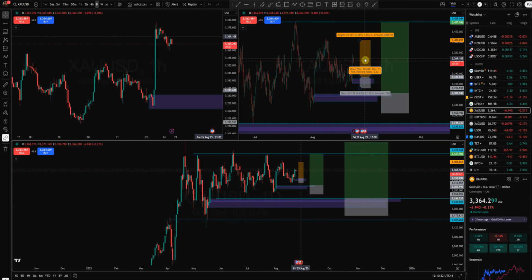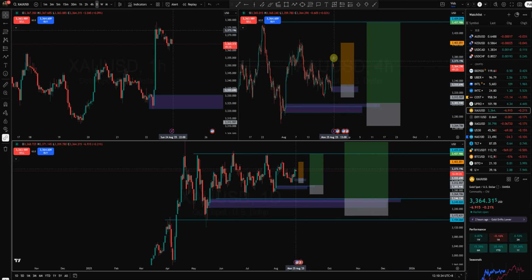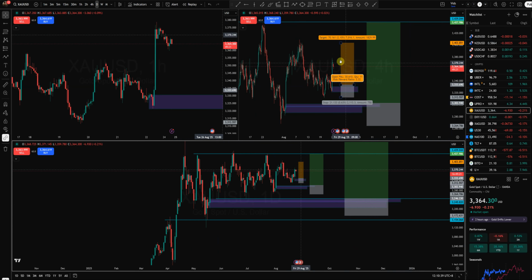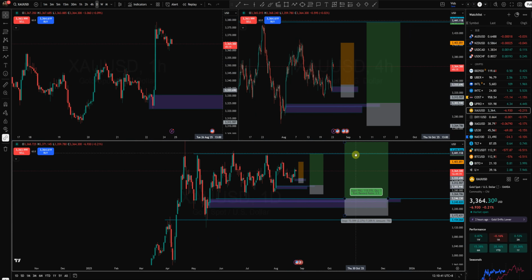However, the yellow one means it needs further observation from the lower time frame. So the yellow one means need further observation instead of an order. Green is an order, right?